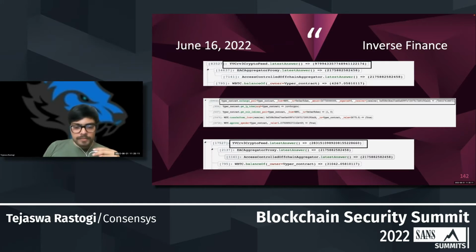Remember, we had 27,000 wrapped BTC. We got some collateral from a part of it, and the remaining is used to exchange wrapped BTC to USDT, the Tether token.